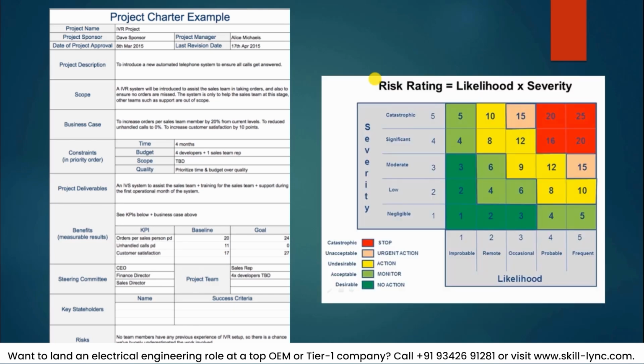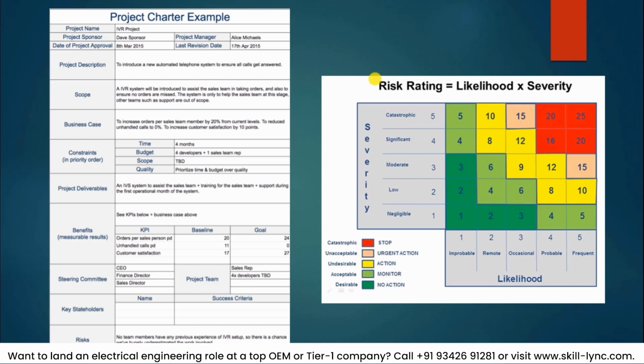And this is an example of the risk rating, where you quantify the activity against the likelihood of the risk and the severity of the risk. So this rating index will quantify where you have to take action. Suppose an activity falls in the catastrophic region, say 20 to 25 in that range, then the project has to be stopped at that point because continuing on will impact the overall project itself.